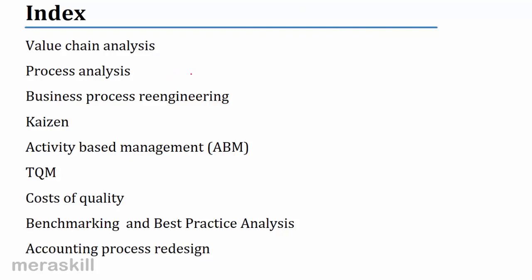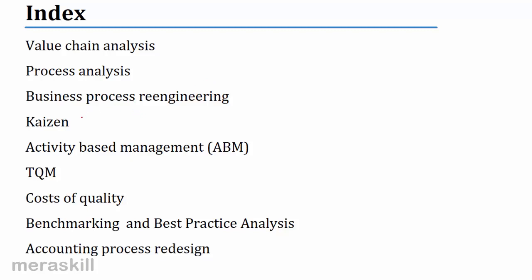Process consists of a lot of sub-processes and other activities, and analysis of the processes. Then business process engineering, where after process analysis, we may decide to re-engineer everything, drop the old systems. The entire method of doing a particular job may be dropped, and we may have a new system. That is business process engineering.